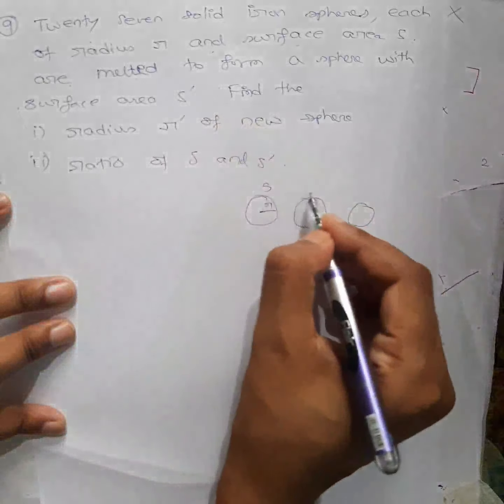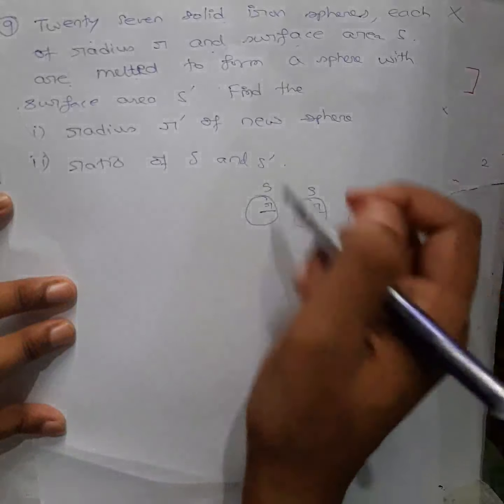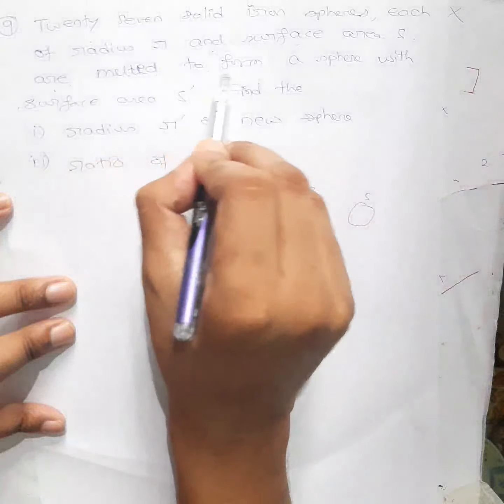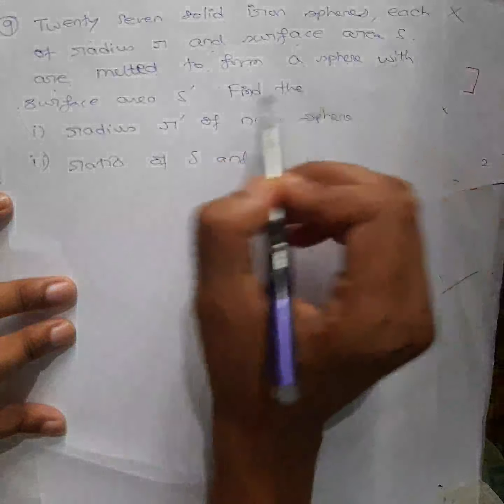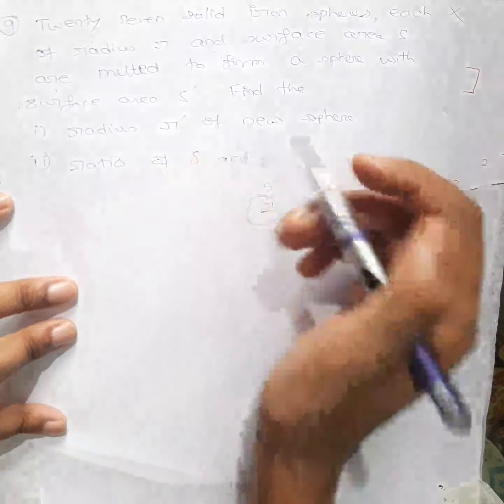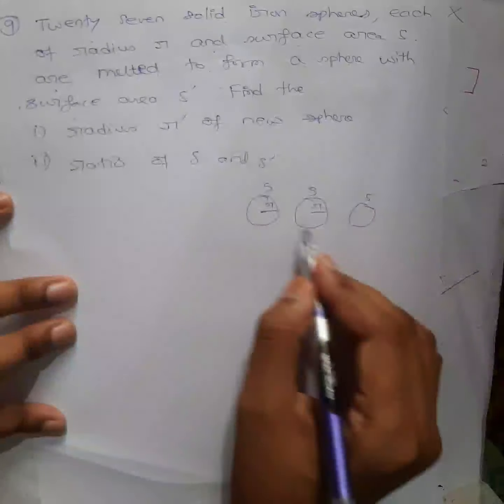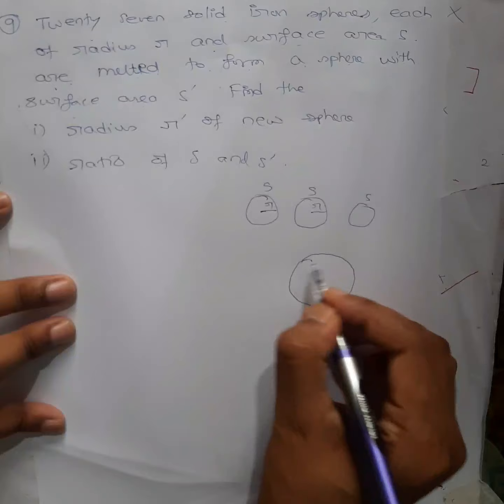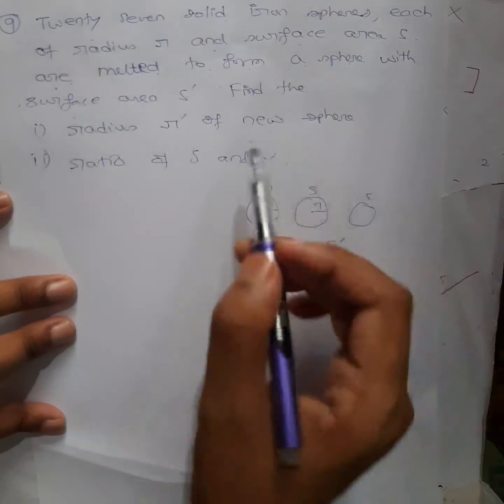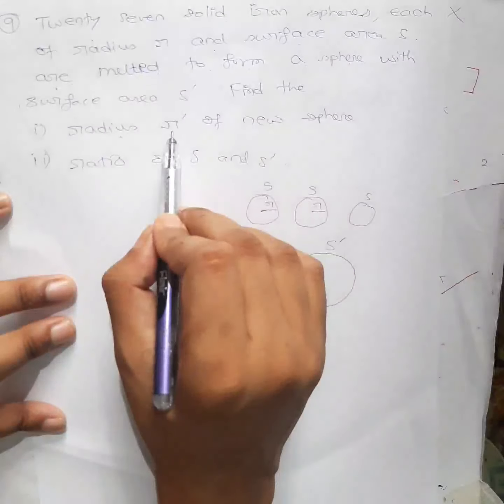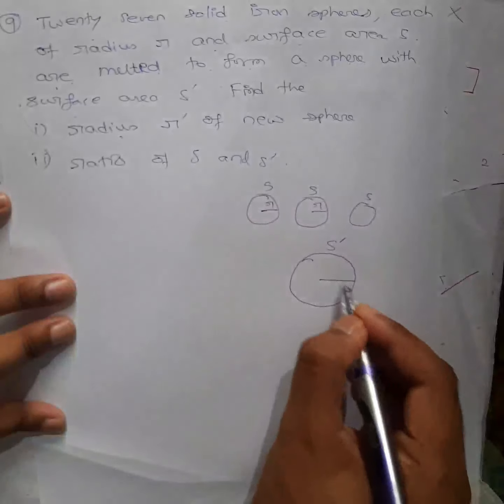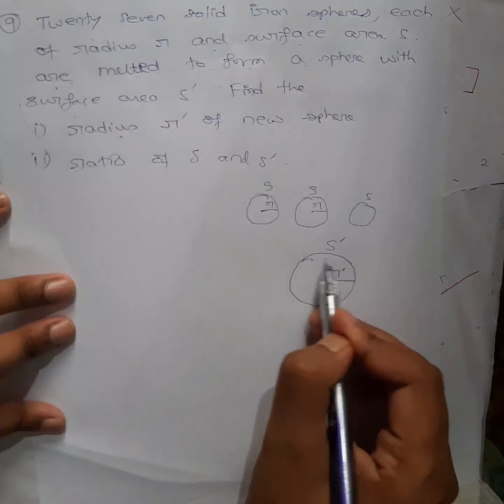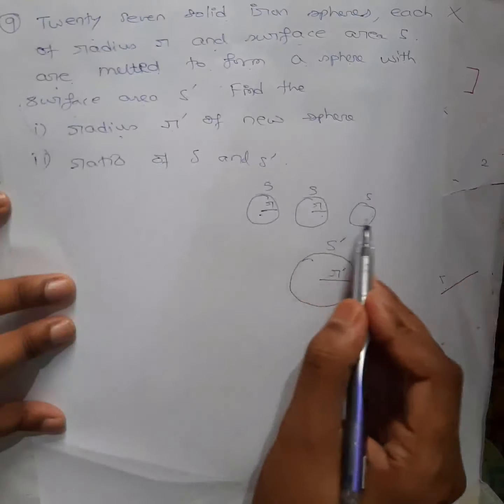Now the surface area of this one is s, right, are melted to form a sphere with surface area s dash. So these 27 spheres have been melted and converted into a sphere whose surface area is s dash. Find the radius r dash, meaning the radius of this new sphere which you have got by melting the old ones, right?